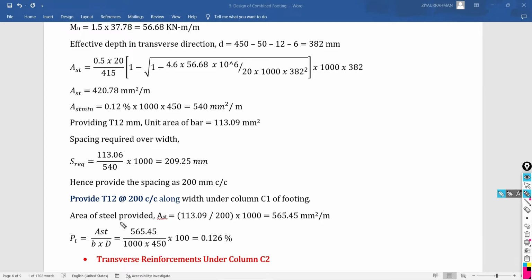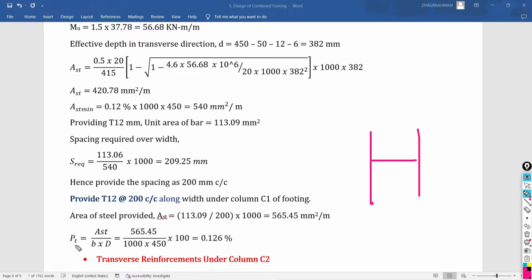Likewise, we need to find out the final area of reinforcement provided. So the final area of reinforcement provided you get by the formula: 113.09 unit area divided by the finally provided spacing, multiplied by the considered width. So you are getting the reinforcement for 1 meter width of the strip as 565.45 mm square per running meter of the width.